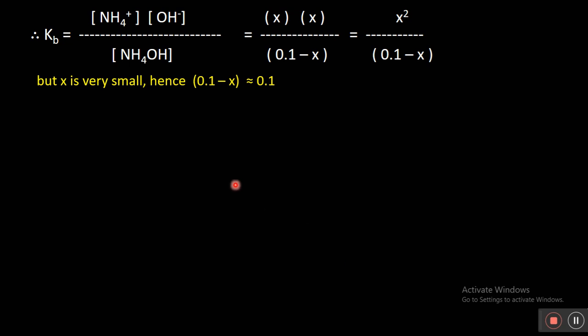Therefore, the difference 0.1 minus X is nearly equal to 0.1. Putting this value in the equation, we get Kb is equal to X square upon 0.1.